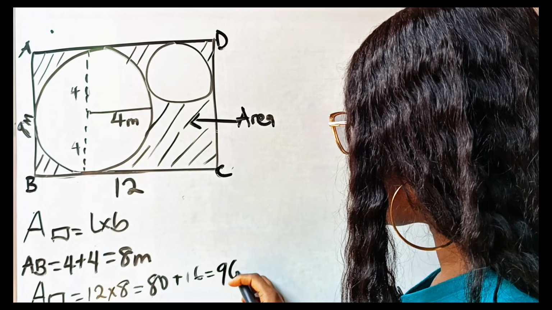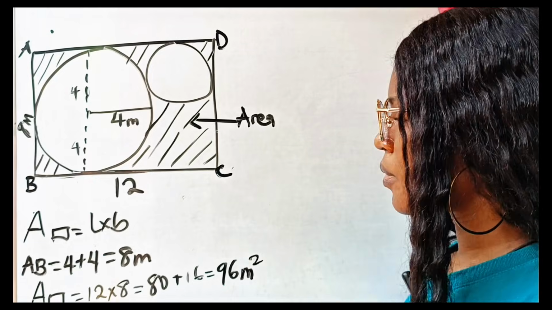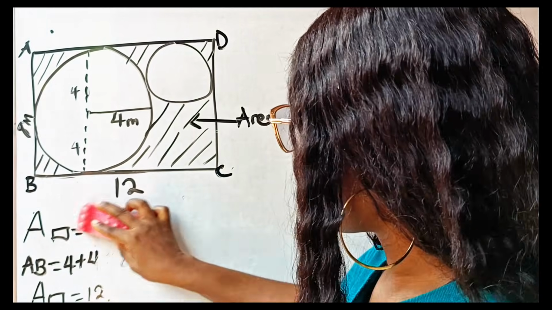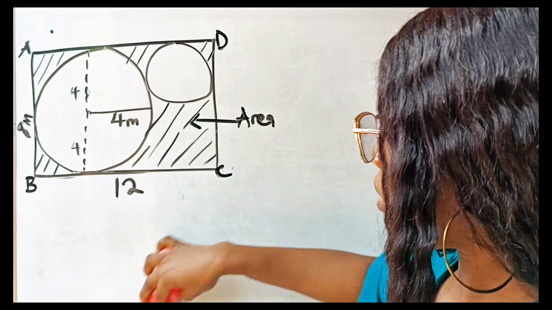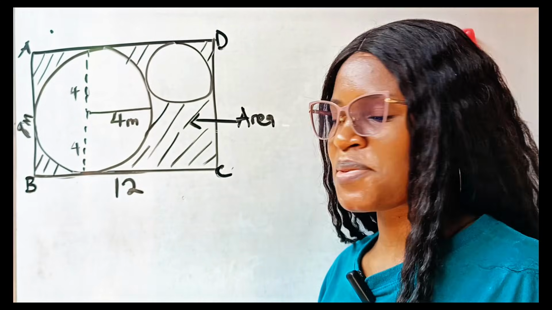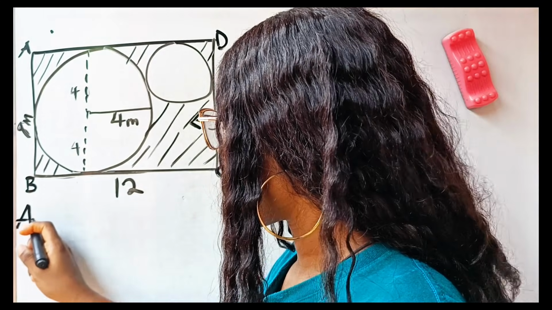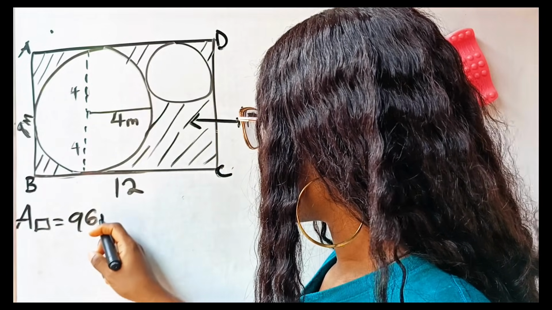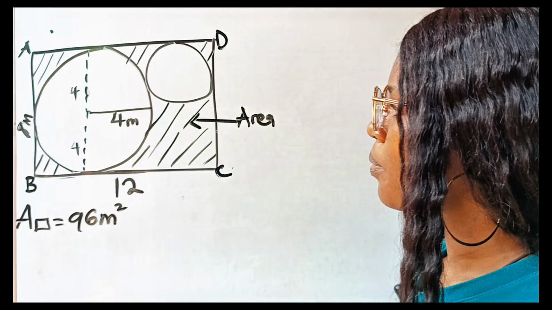So this will give us 96 meters squared. That is the area of the rectangle. So let me write it somewhere, because I need a lot of space to work with. The area of the rectangle is 96 meters squared.